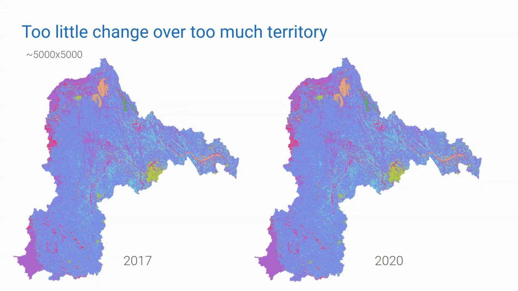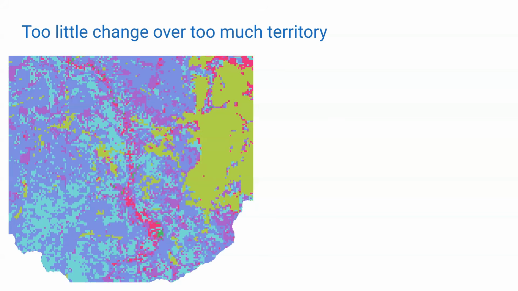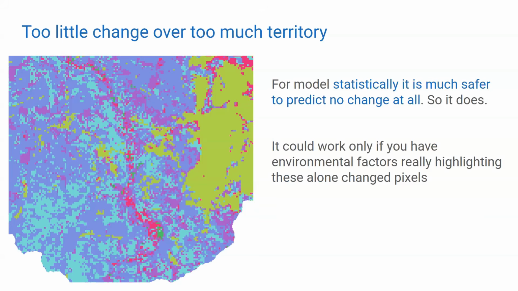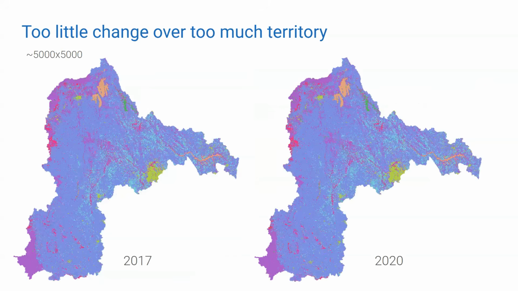So model looks at these pixels, sees no change at all anywhere, and of course what it does, it proposes no change in the predictions. That's the very, very popular case. And it's better to make some small subsets of your territory where actual changes occur and work with that, not with super big rasters without any visible change.